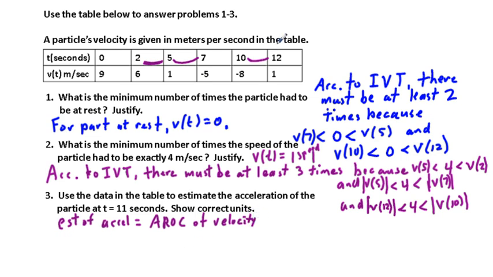So we've used f of b minus f of a over b minus a. So we could say b is equal to 12 and a is equal to 10.